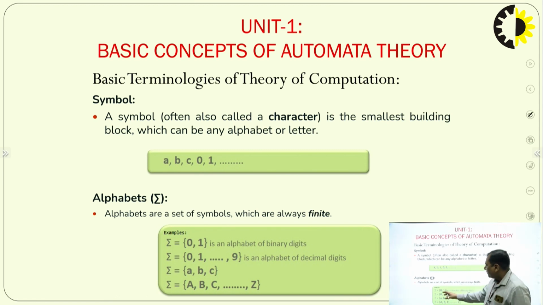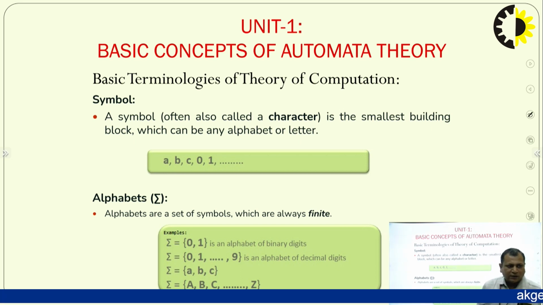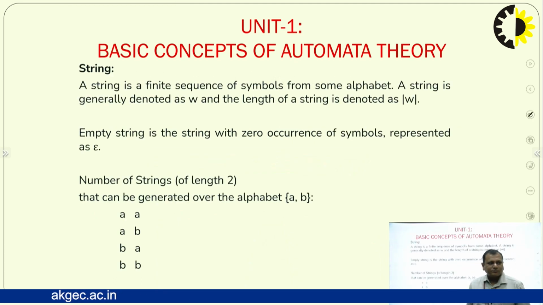Here we have the example summation equals {0, 1}, which is an alphabet of binary digits because we have 2 digits over there. Another set is summation equals {0, 1, 2, up to 9}, an alphabet of decimal digits. Also we can have summation equals {a, b, c}, the characters in lower case, or summation equals {A, B, C} in uppercase as well. So we have different types of alphabets and they should be finite.